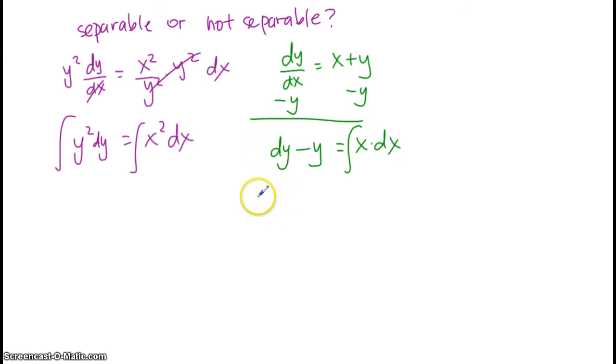But on the other side, you basically have a negative y plus a term dy, and this one I cannot integrate, therefore this one is not separable. So this is not separable, and the previous one was separable.